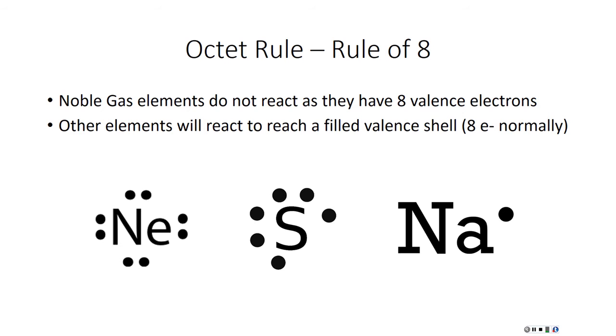Sulfur is a -2 overall, so those charges are going to balance out one another. +2 plus -2 goes to 0, so our charge is balanced. In any compound, the charges are always going to balance out to 0. Any compound, that's true. We'll learn about an exception later, but it's not really a compound. So this compound can be explained by the octet rule by simply moving our electrons around.